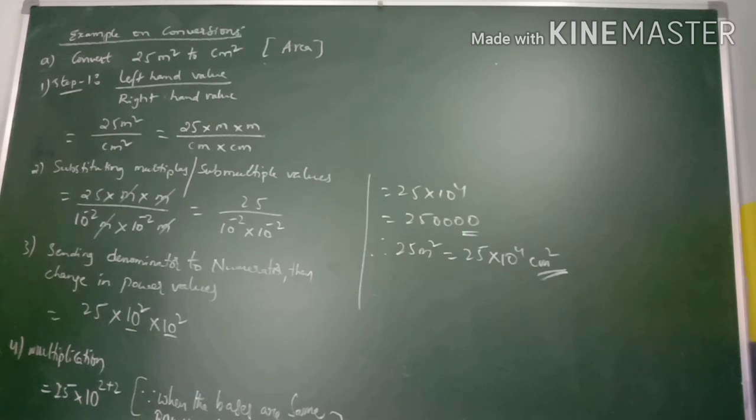So this is what we have regarding conversions. We will continue this in the next class. In the next class, we are going to learn about the numerator part and denominator part, and how to do the conversions in two different types of systems from one form to another form. Okay? Thank you.